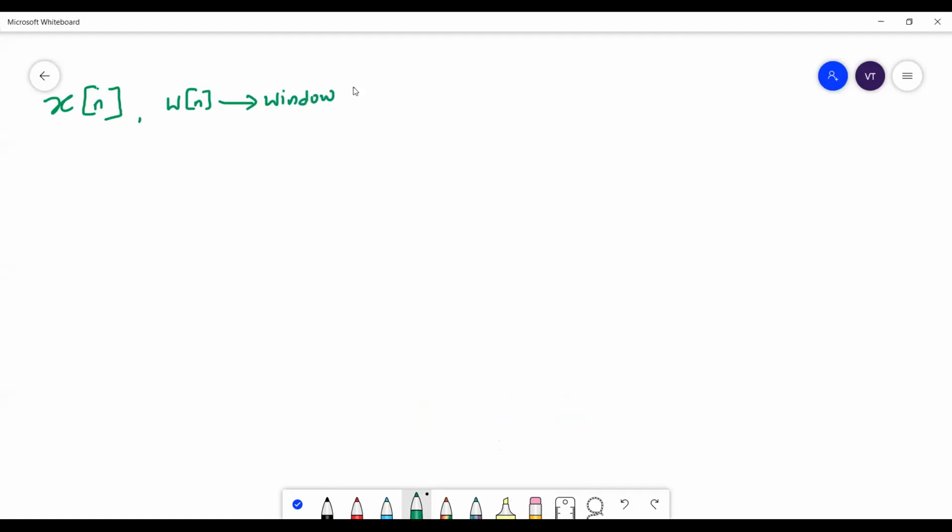Now, why I am going to call this a window function is because I am going to look at the signal through a window. So I will assume this to be a window through which I am going to examine x of n. So it will be somewhat like this.